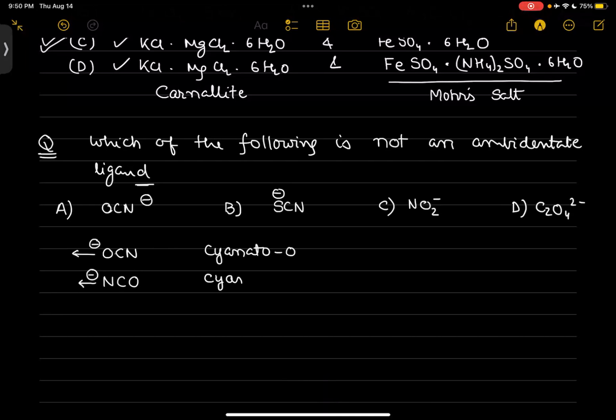Cyanato-O and cyanato-N. Got it? So this is an ambidentate ligand. Earlier names were cyanato and isocyanato.